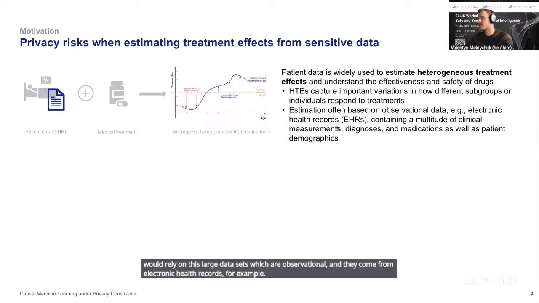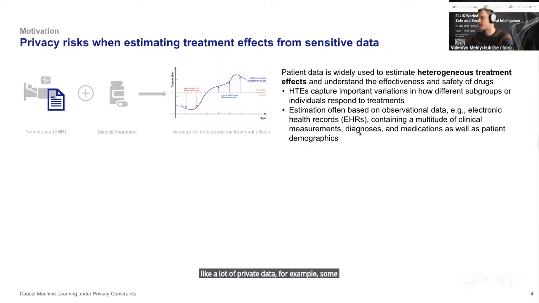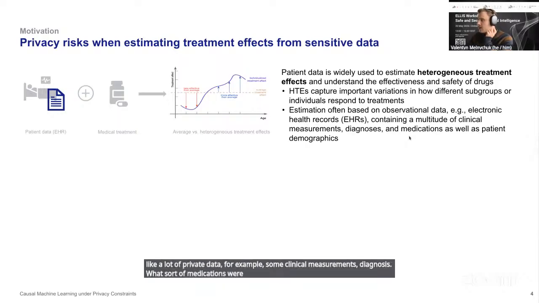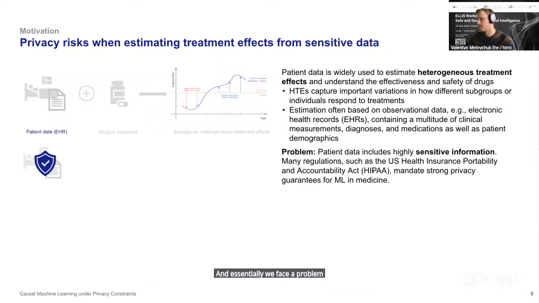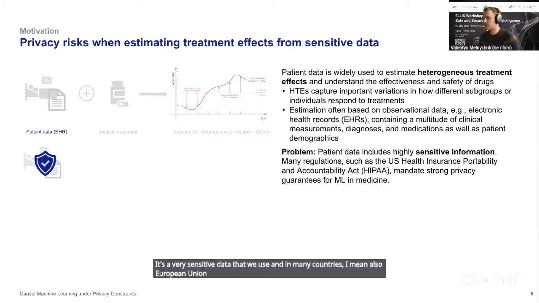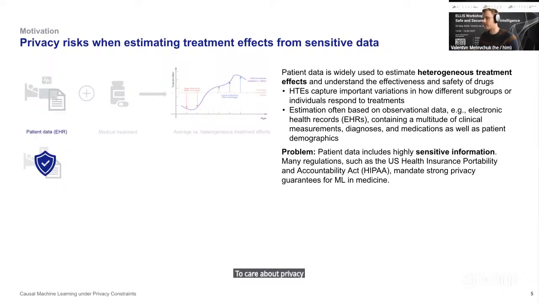Those electronic health records contain a lot of private data, for example, clinical measurements, diagnoses, what medications were administered, etc. And essentially, we face a problem: it's very sensitive data, and in many countries, including the European Union, there are a lot of regulations that oblige us to care about privacy and to enforce strong privacy guarantees.